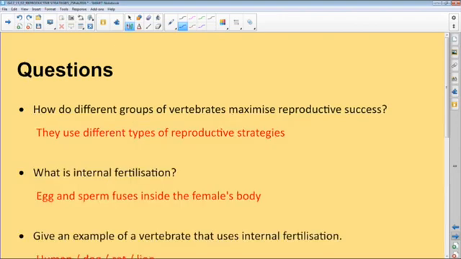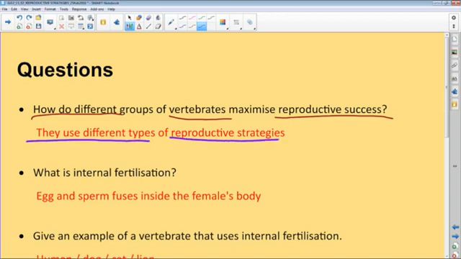Okay, we're going to have a look at how different groups of vertebrates maximize reproductive strategy. How do different groups of vertebrates maximize reproductive strategies? Here we go. First one, they use different types of reproductive strategies. So how do different groups of vertebrates maximize reproductive success? They use different strategies.